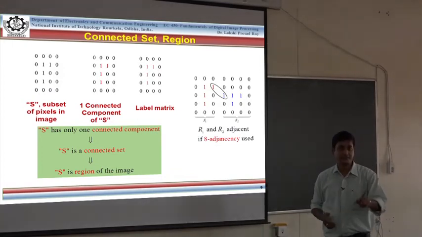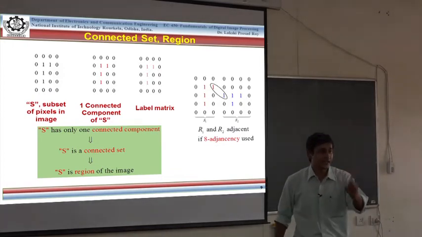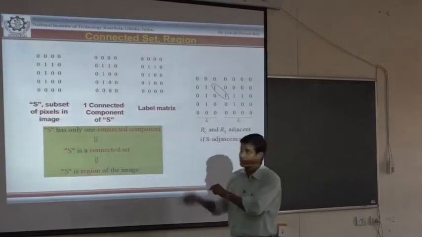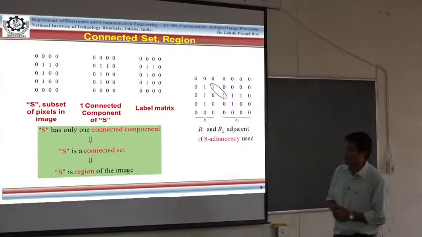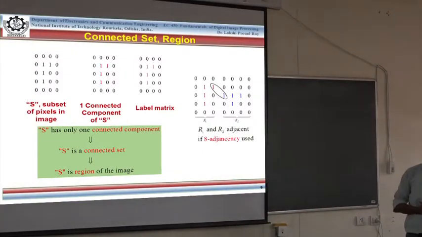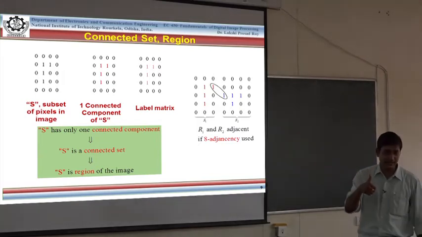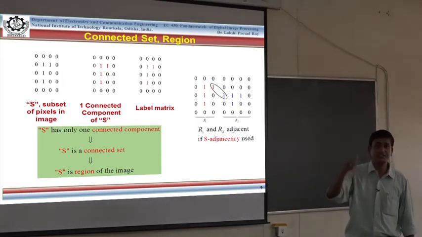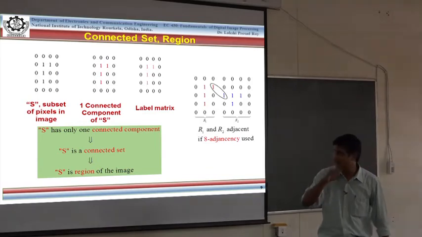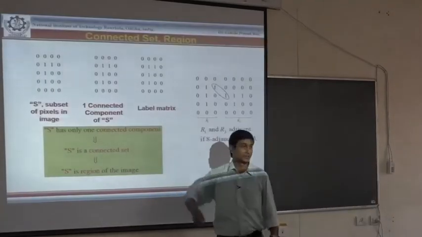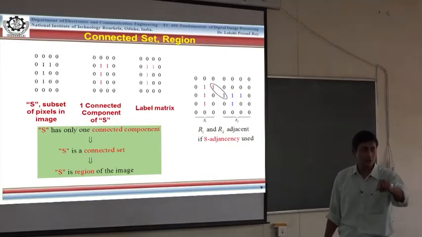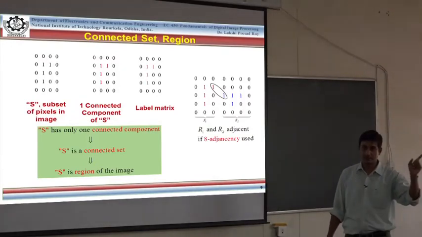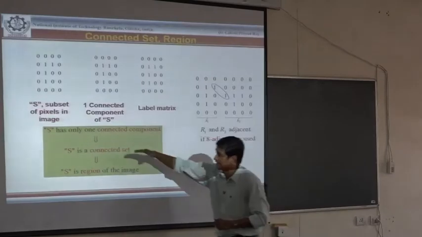This way, if you get a single connected component in a subset which is named as S, that will be called a connected component or connected set. If only one connected component is there in that region of your interest, you will say that as a connected set. Who? That S, which you have named. This is very important because you will be calling it in some other place. Okay. So, this is that connected set.